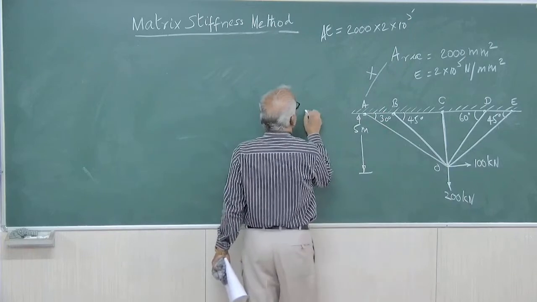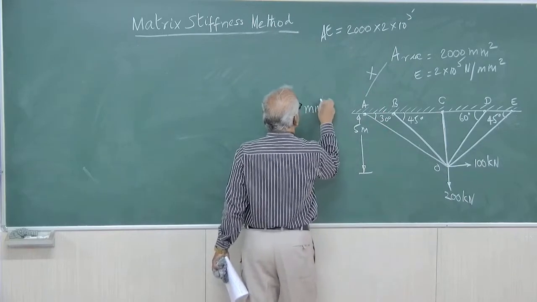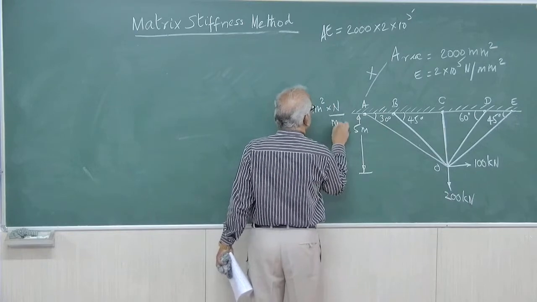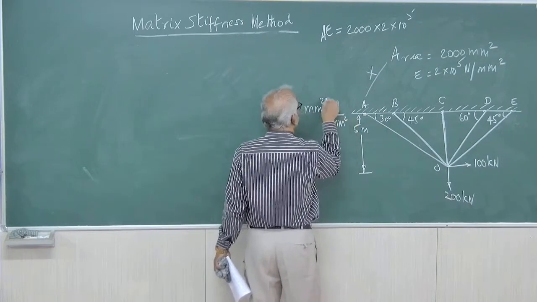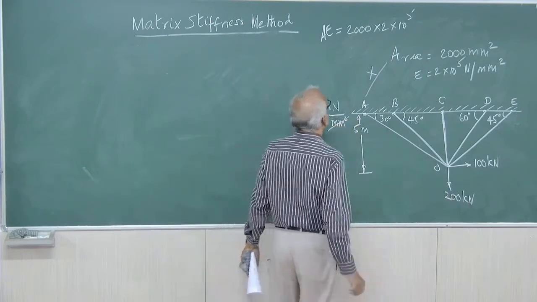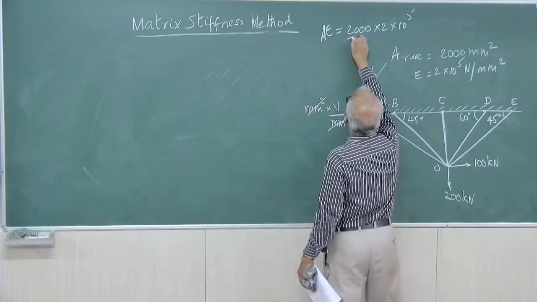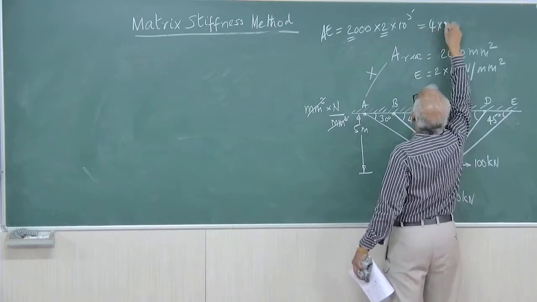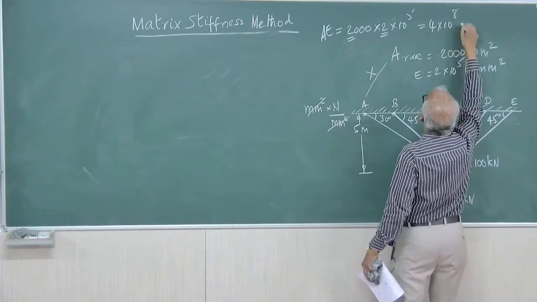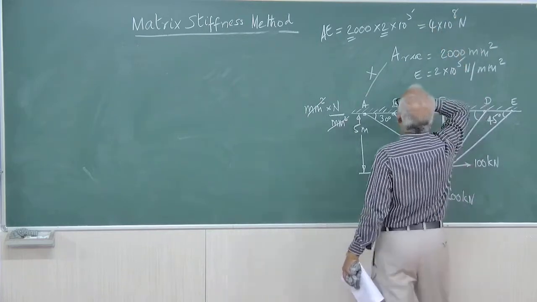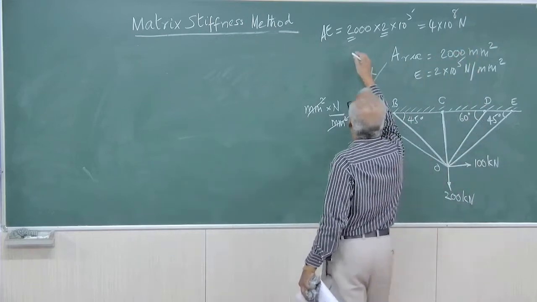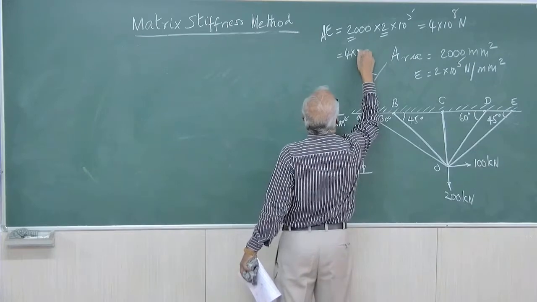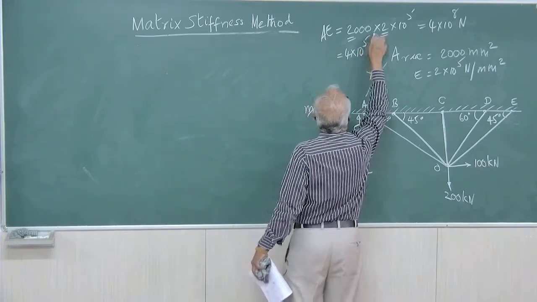Area is in mm square, E is in Newton per mm square, so these will get cancelled. So we will be getting 2 into 2, 4 into 10 power 8 newtons.